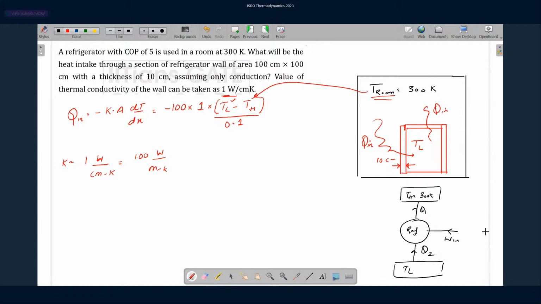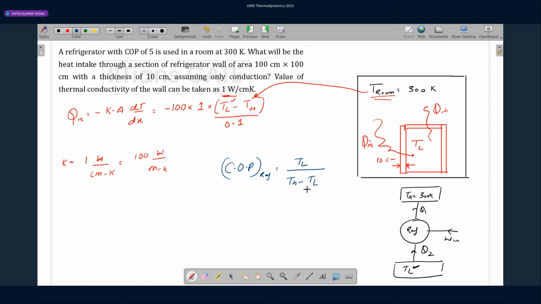Okay, so basically I don't see anywhere that they have written it is a reversible refrigerator, but I have no choice but to use temperature because I need to find out temperatures. So I will use COP of this refrigerator equals T lower upon T higher minus T lower.